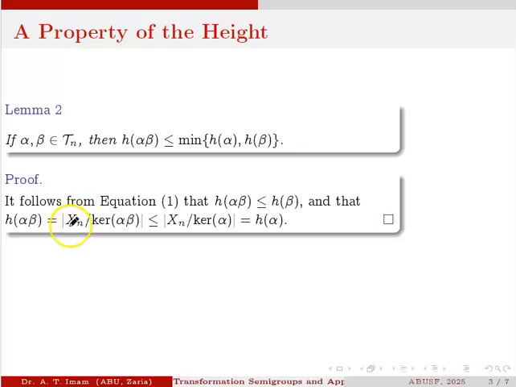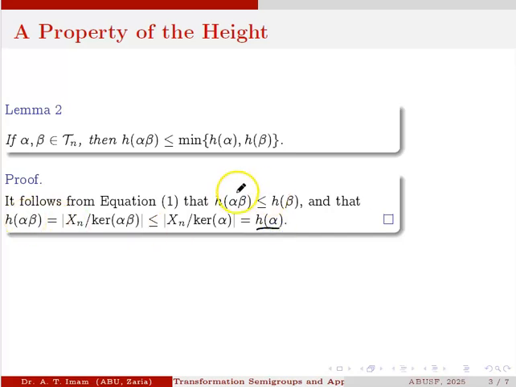So you can think of it as dividing X by a smaller set, and therefore the quotient will be greater. So when you divide by the kernel of alpha, you have a bigger quotient, and therefore the cardinality here will be less than or equal to the cardinality over here. But the cardinality of Xn / kernel of alpha is equal to the height of alpha.